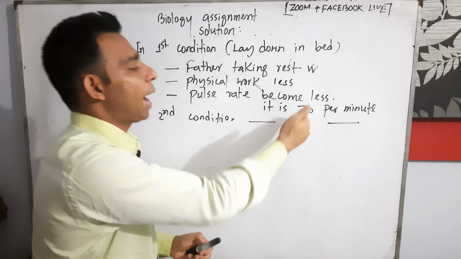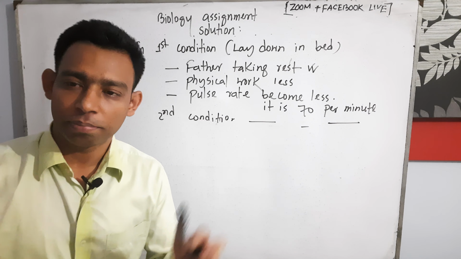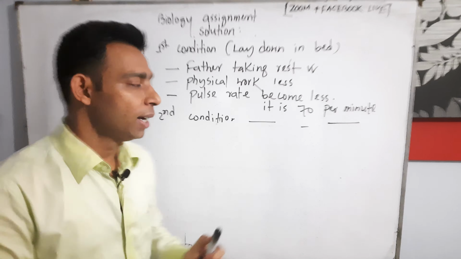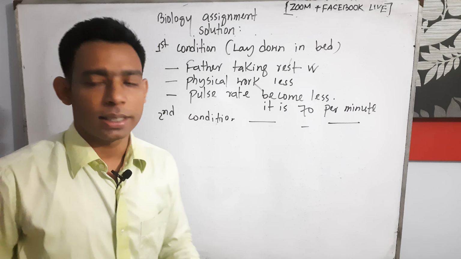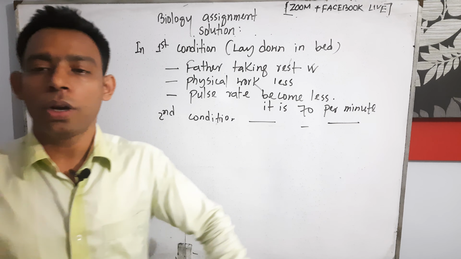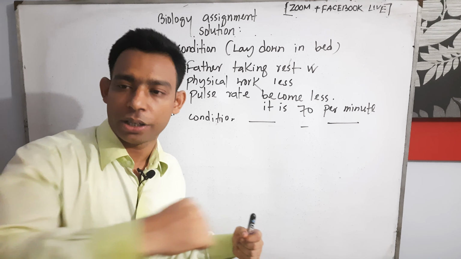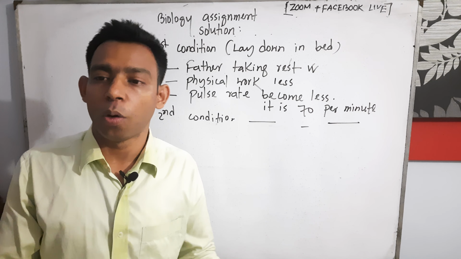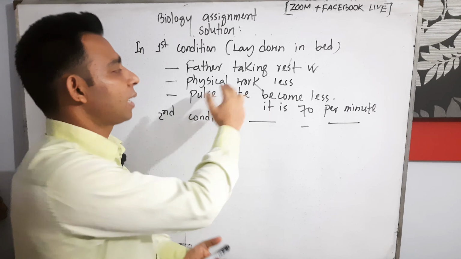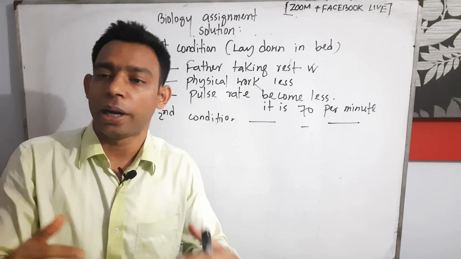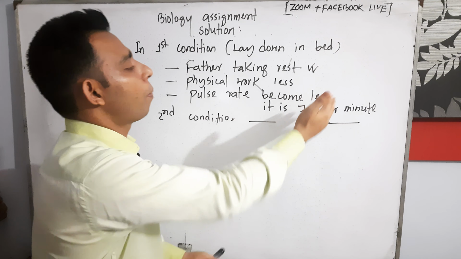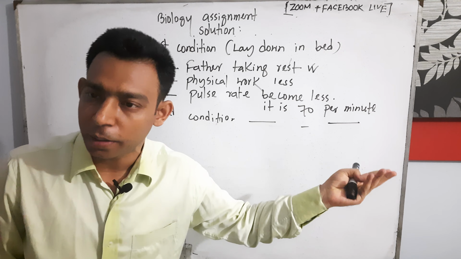So pulse rate becomes higher than the previous position. Okay, now done. The third condition, it is the standing position. Yes, now he has the articular movement. So there his blood circulation is high, physical work and movement can be done there. So pulse rate is comparatively more than the previous two positions.